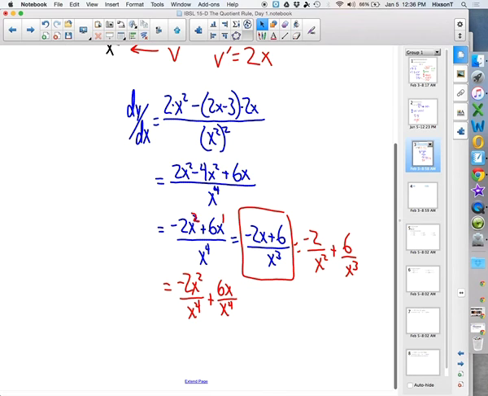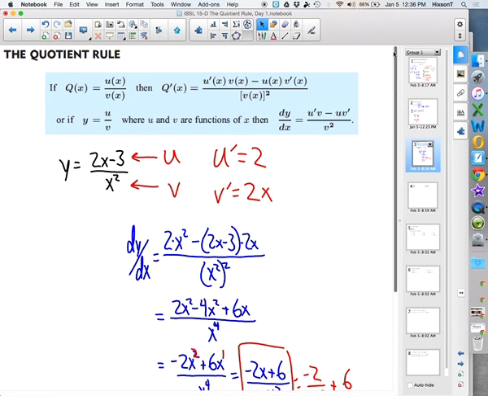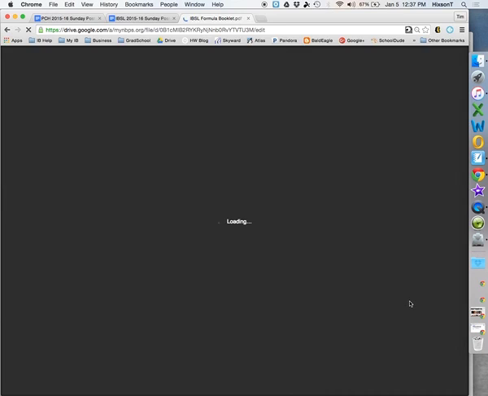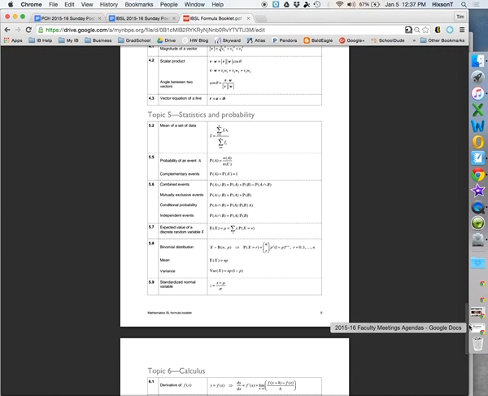This is in your formula booklet. I will say in your formula booklet, it is actually given, well, let's look at that. On your formula booklet right here. If I remember right, they use all the dy dx's, which is annoying, but you should be able to recognize.